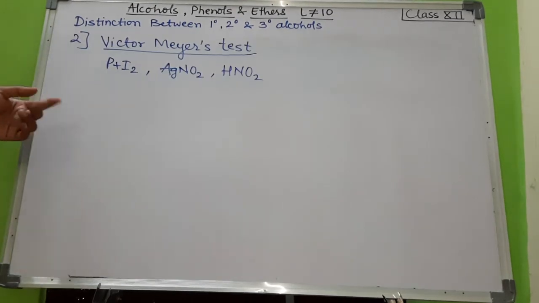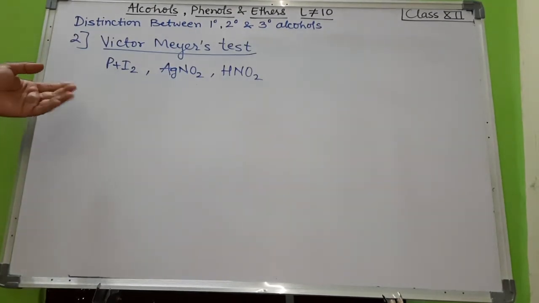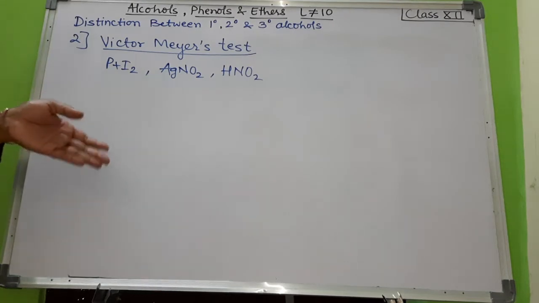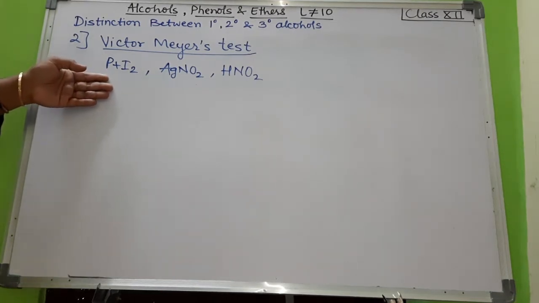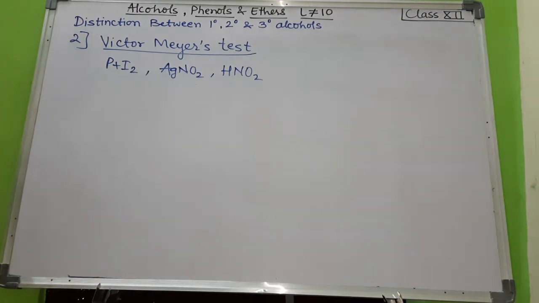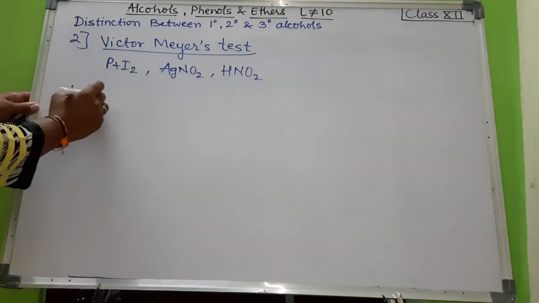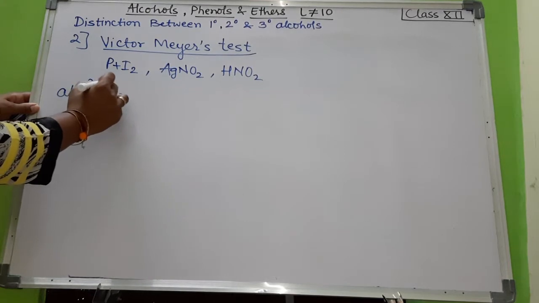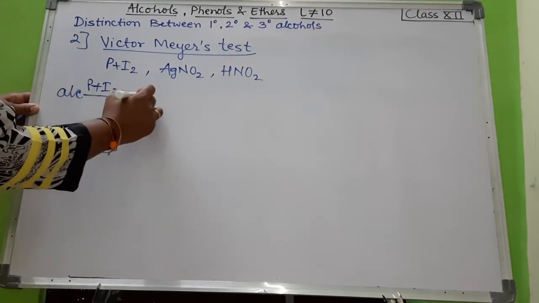Now the second test is the Victor-Meyer test. This test involves certain steps to carry out the reaction. First is the treatment with red phosphorus and iodine. When an alcohol is treated with P plus I2, that is red phosphorus and iodine, it gives an alkyl iodide.